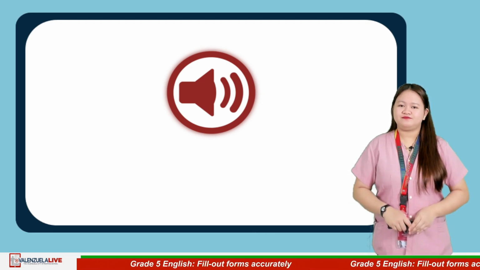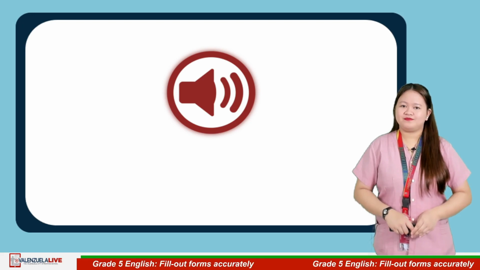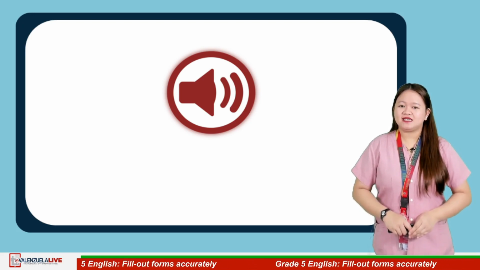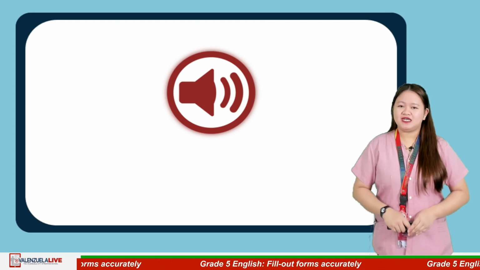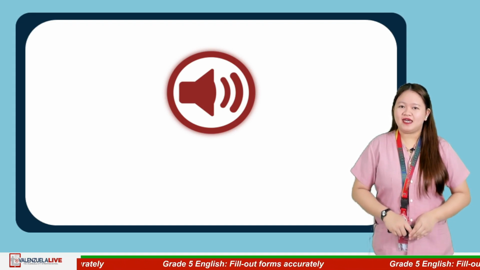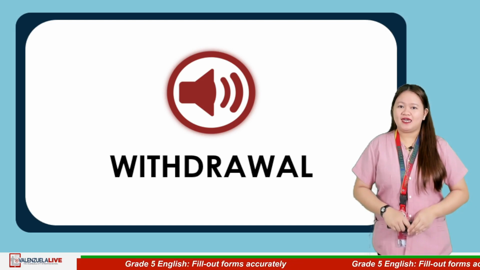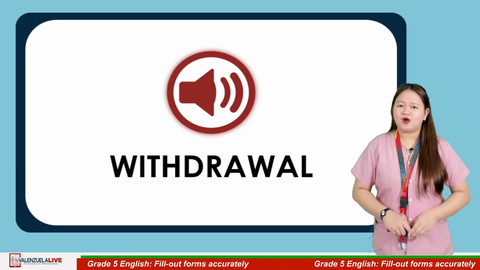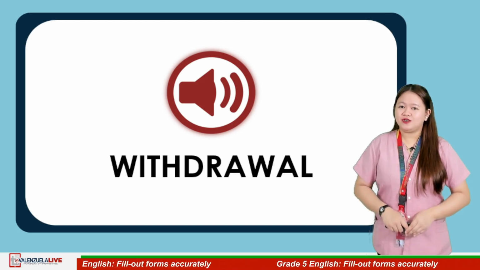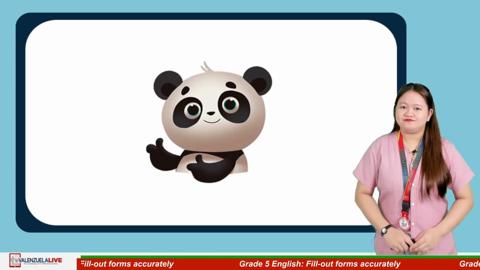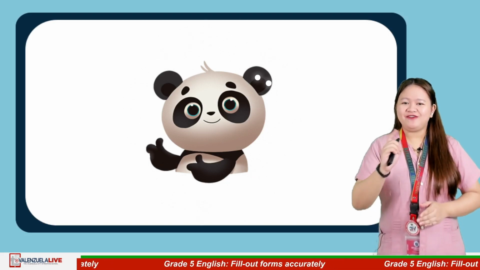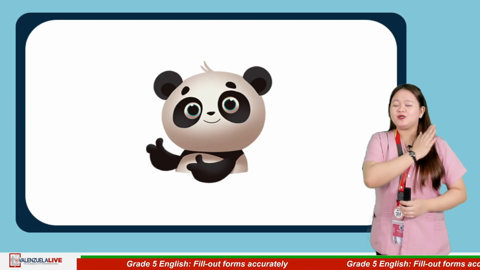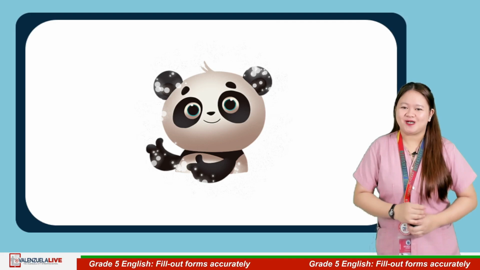Withdrawal. It's spelled as W-I-T-H-D-R-A-W-A-L. Withdrawal. Now your turn, say withdrawal. Alright, great job learners. If you got it all correct, you can tap your shoulder and say, great job.